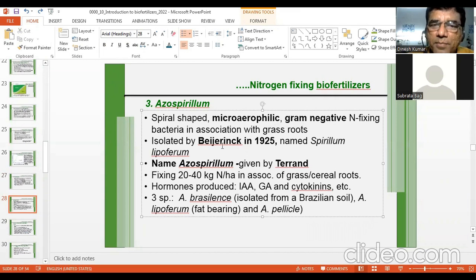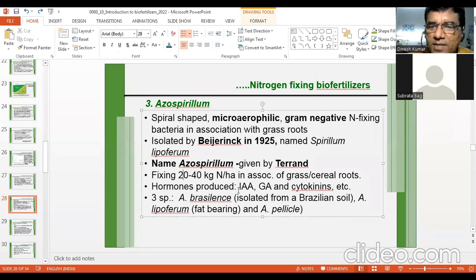Isolated by Beijerinck, who also isolated rhizobium, in 1925 and named it Spirillum lipoferum, the first name of Azospirillum. The name Azospirillum was given by Tarrand, and it fixes more nitrogen than Azotobacter, 20 to 40 kg N per hectare in association with cereals or grasses.